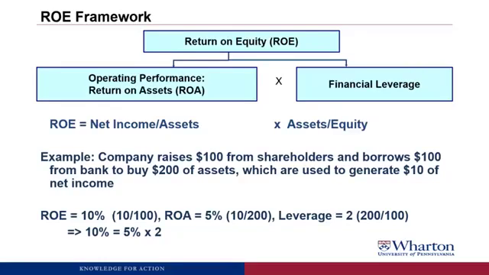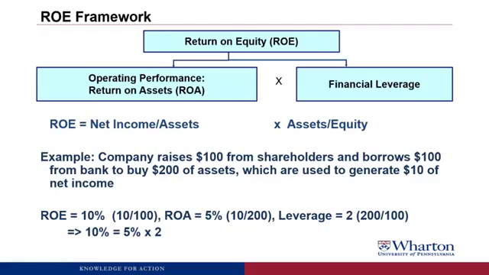So our ROE would be 10%. $10 of net income divided by $100 of shareholders' equity. ROA would be 5%. $10 of net income divided by $200 of assets. And leverage would be 2. $200 of assets divided by $100 of equity. And as you can see, 10% equals 5% times 2.